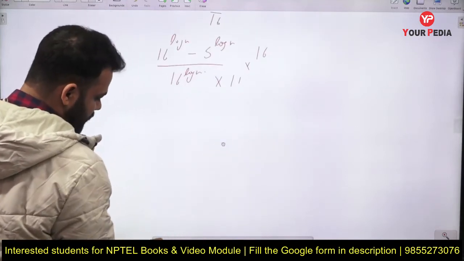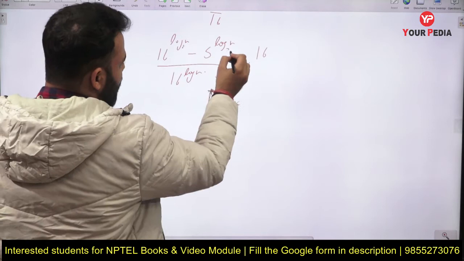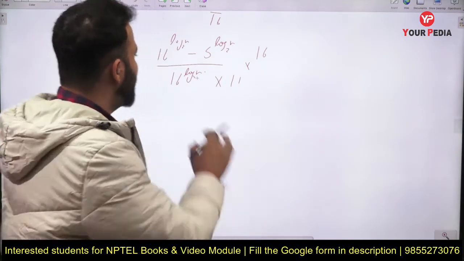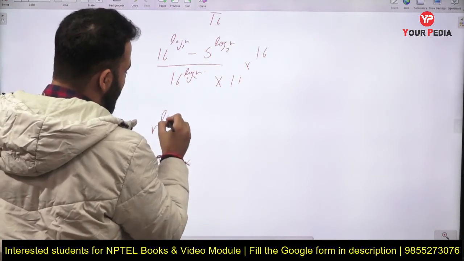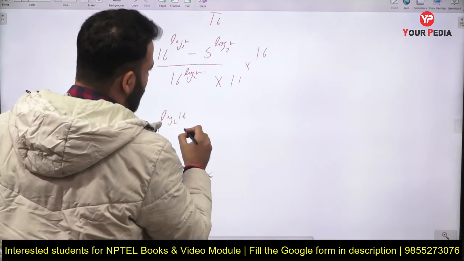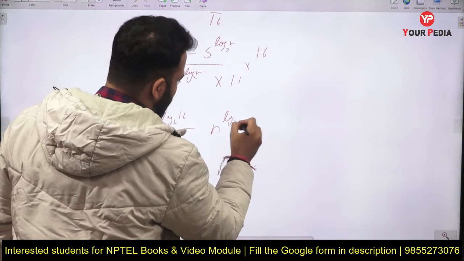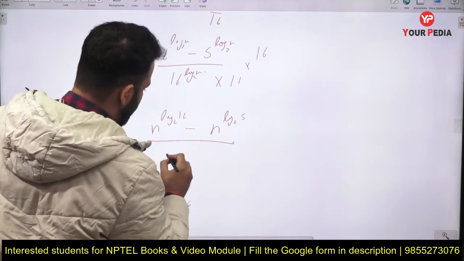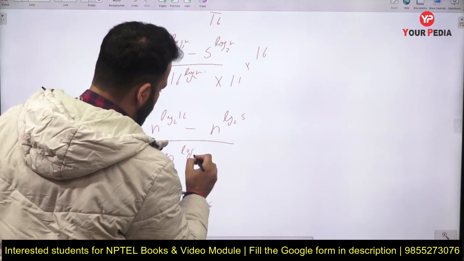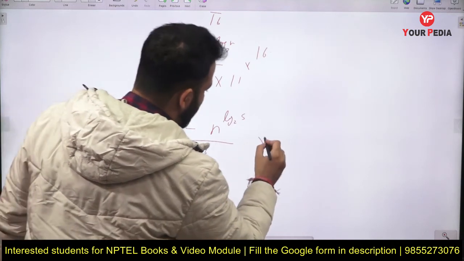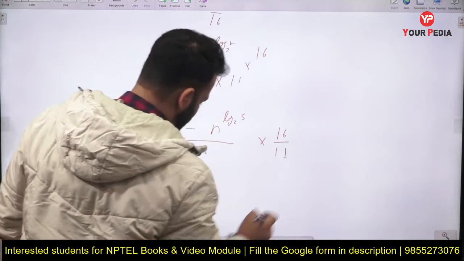Now the base for the log is 2, and there is a property that you can interchange this 16 and n. So if you do this, it is n raised to power log base 2 of 16 minus n raised to power log base 2 of 5, divided by n raised to power log base 2 of 16, into 16 by 11.